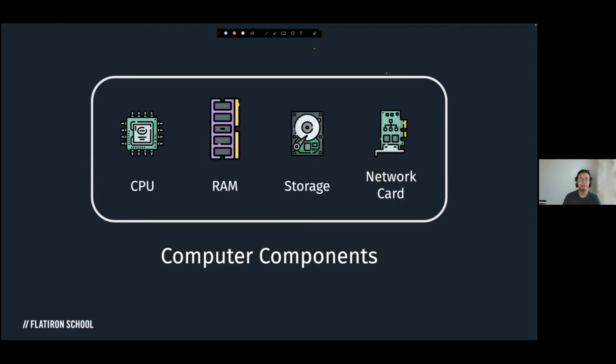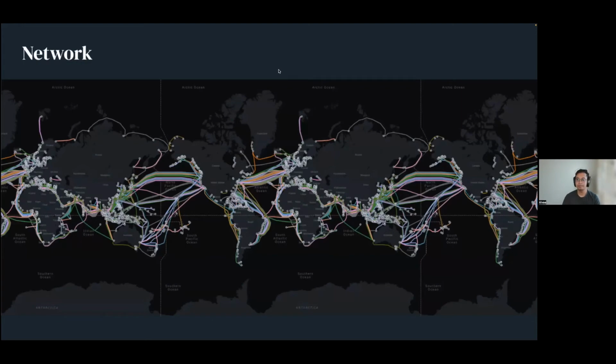The next important thing to know is a network, right? So as I said before, all these terms, servers, load balancers, clients, caching, and all that, all of those services are just computers.